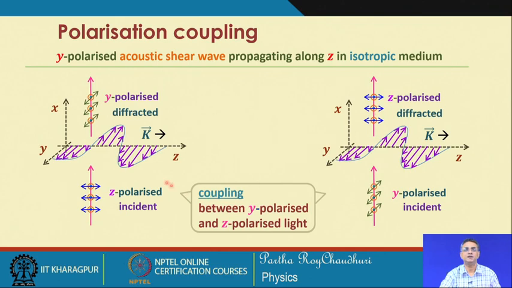So, through this shear acoustic wave, you get a coupling between Y polarized and Z polarized optical light. If it is Z polarized, you get Y polarized. And these are the two possible polarizations. These are two orthogonal eigen polarizations as far as this optical wave is travelling close to the x direction.